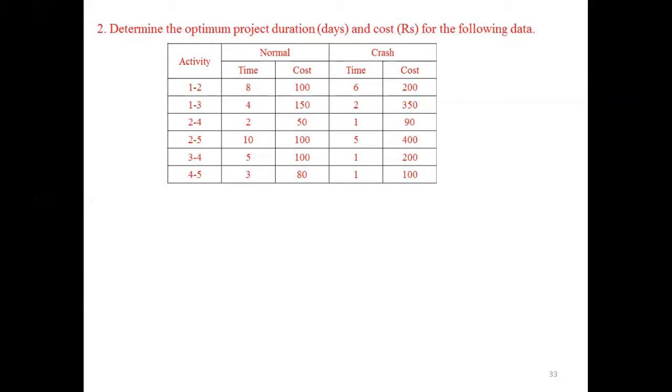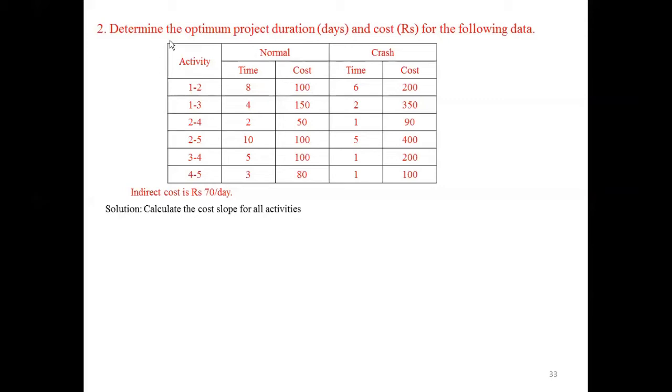There are a total of 6 activities: 1 to 2, 1 to 3, 2 to 4, 2 to 5, 3 to 4, and 4 to 5. The given indirect cost is rupees 70 per day. Let us go for the solution.